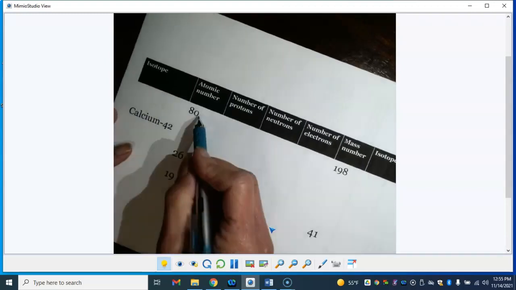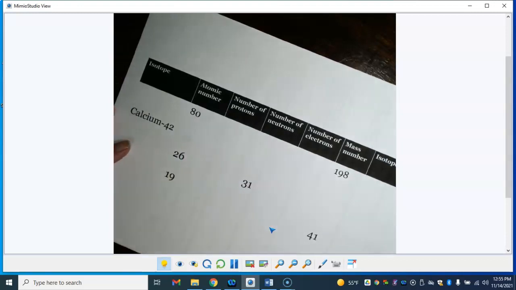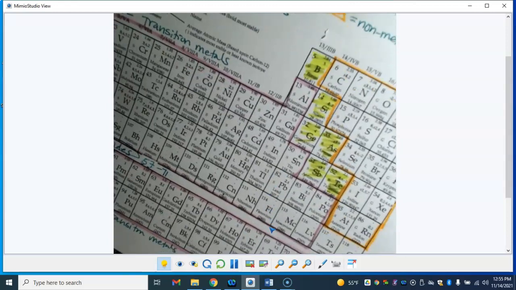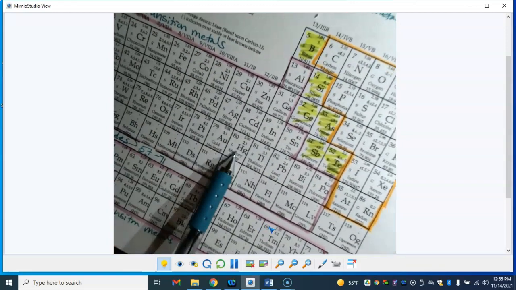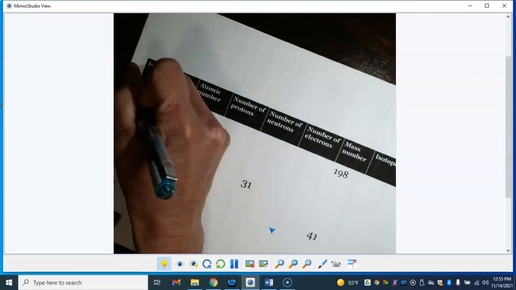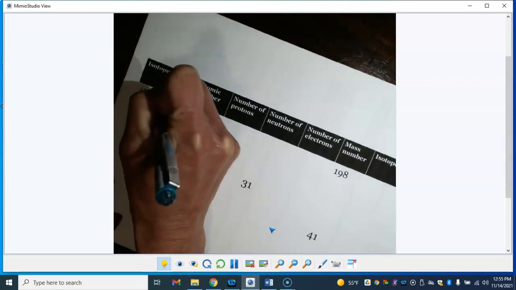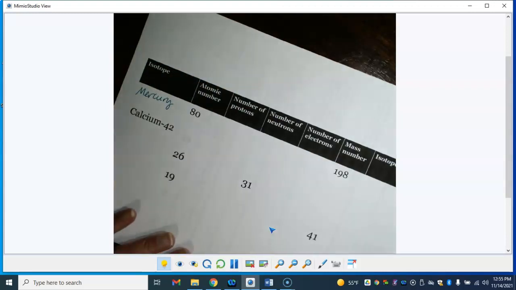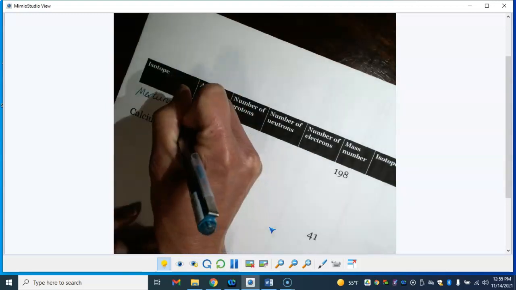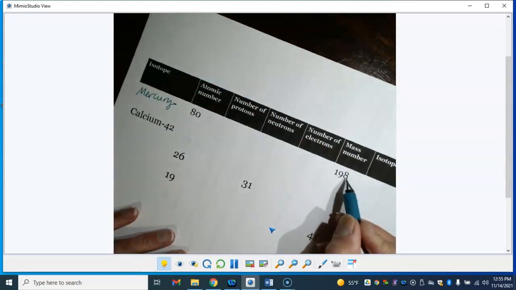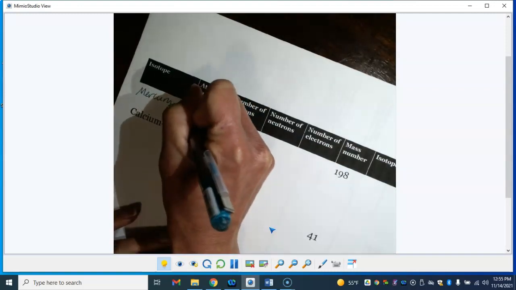Let's start with the very first one. The first one is atomic number 80. I look on my periodic table and find the element with atomic number 80, and it's right here. That is mercury. So I name it mercury, and then I always attach my mass number, which is 198, given to me.